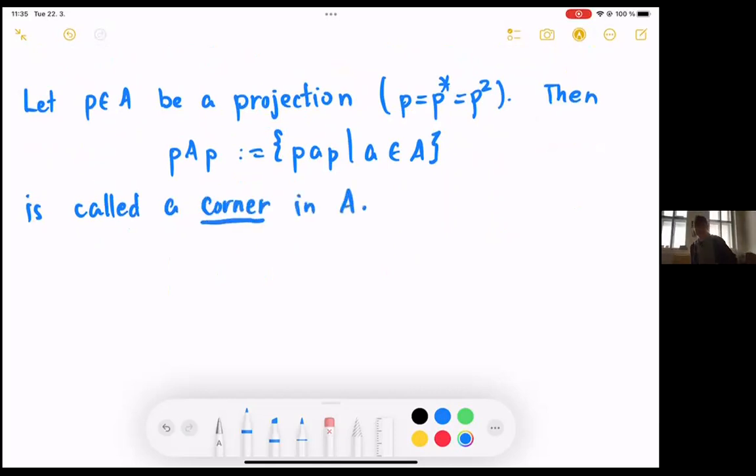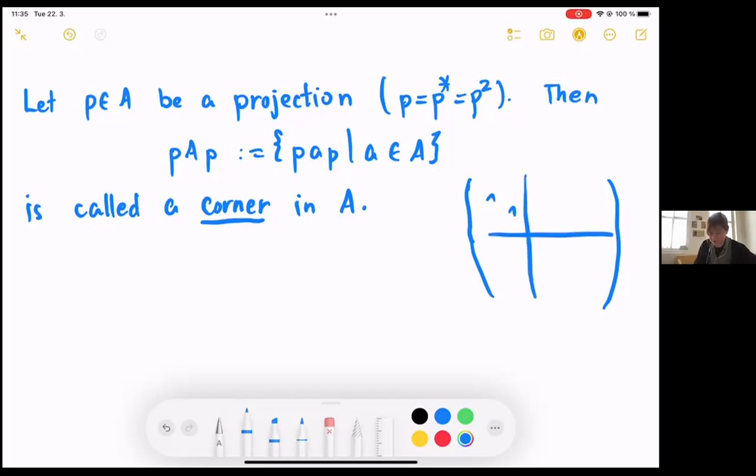And you may think, well, why is this called the corner? If you think maybe just of matrices, and your projection P is, say, the projection that has just ones here, then if you multiply on either side by this projection here, you're just going to get this smaller matrix algebra in here. So it is literally a corner in this picture.